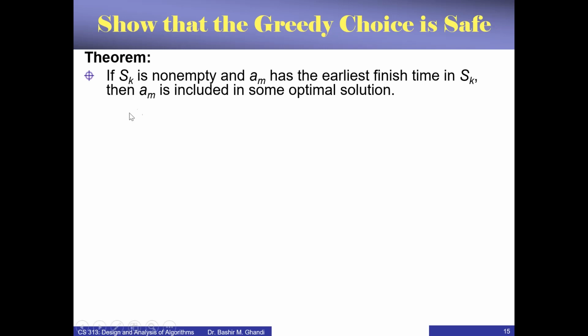It says if Sk is a non-empty set and Am has the earliest finishing time in Sk, then Am is included in some optimal solution for Sk. In other words, we can rely on Am being a member of the optimal solution. So we're going to prove that.